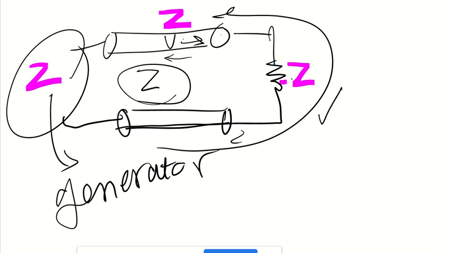We'll talk about impedance mismatching and matching more later, but for now, just remember that when you have matching impedances, that's where you have maximum power, and you're using all your power because nothing is reflected back, right?